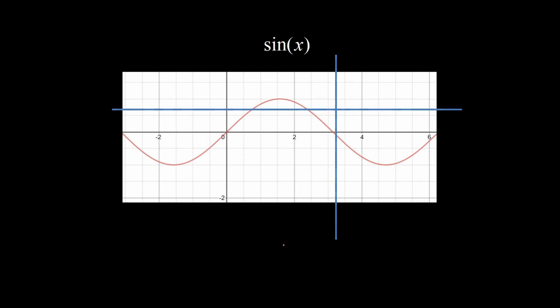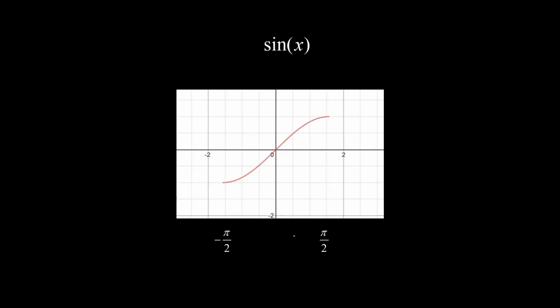And so what we have to do is truncate sine and only look at a little slice of it. And the slice that we're going to look at is from minus pi over 2 to pi over 2. If we choose this slice, then the function will pass a vertical and horizontal line test.